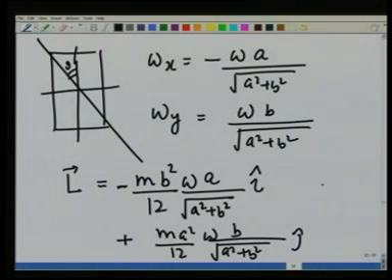So, this is not parallel to omega, it could be in some other direction.